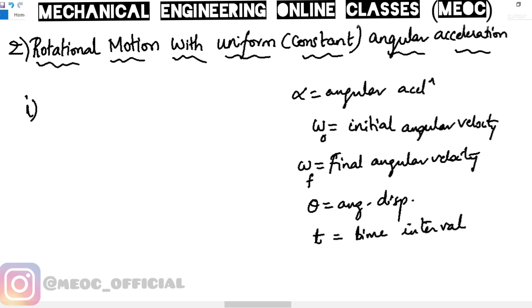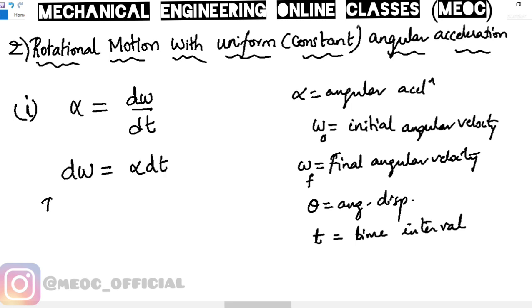Let us start with the first relation that we know, alpha, because this is about constant angular acceleration. Mathematically, alpha is d omega by dt. On cross multiplication, we can write d omega as alpha dt. Let us integrate this equation on both sides. Omega is changing from omega naught to omega f.